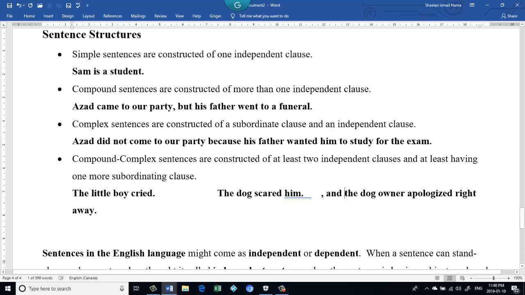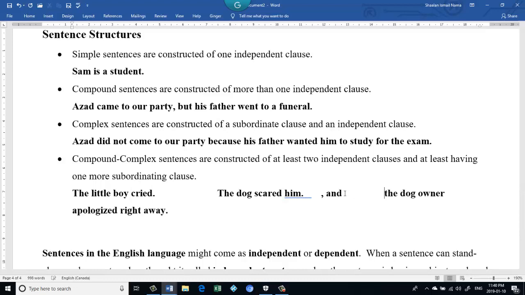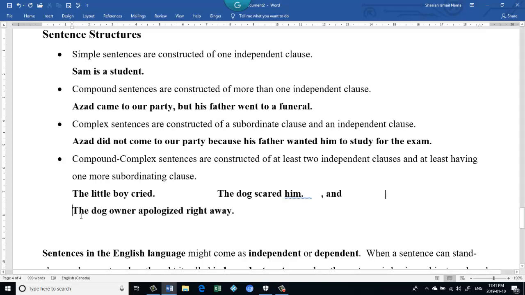And if we look here to the third sentence, the dog owner apologized right away. This is a perfect independent sentence. We have the subject, more than one word, the dog owner. Then we have the verb, apologized, which is the main verb, then right away acting as the object for the sentence.